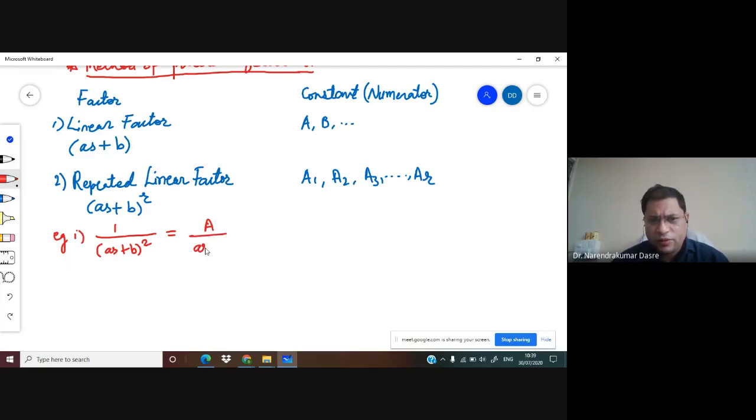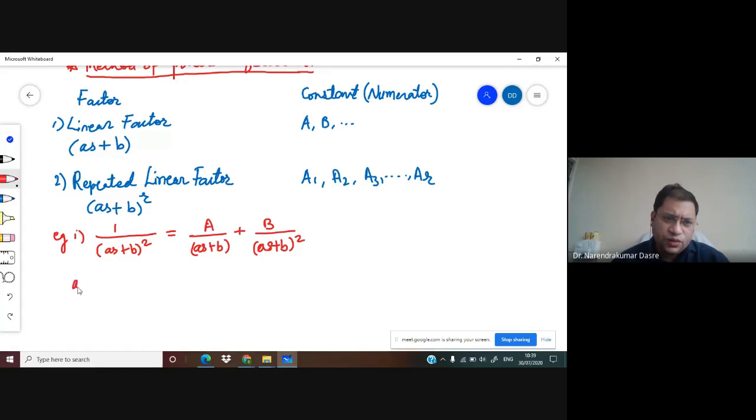It will be a upon as plus b, plus b upon as plus b bracket square. So you can write here a1 and you can write here a2, or you can write here a and b and so on. So that doesn't matter. Only important thing that we have to consider, this is going to be a singleton constant, this is going to be a singleton constant. So the constant corresponding to linear term is a singleton.